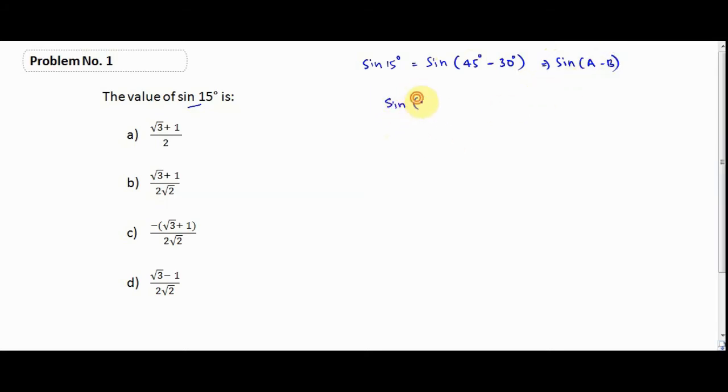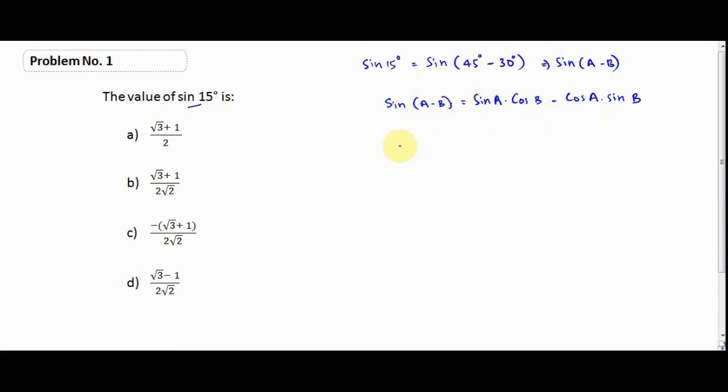Sine a minus b is equal to sine a into cos b minus cos a into sine b. So please use this formula and try to solve this.